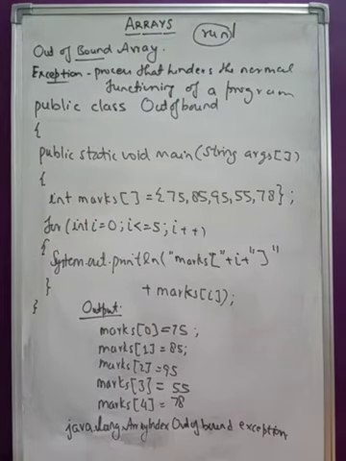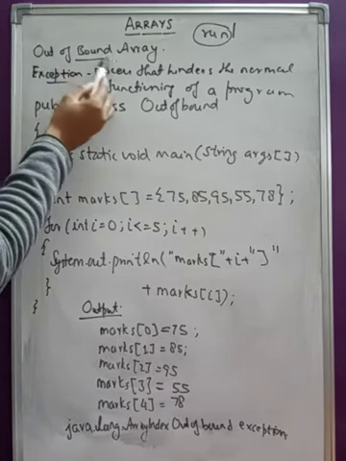Suppose I have an array, and in that array I have defined the size as 5. Okay, and I would like to access the sixth element. In the array only 5 elements are there, the sixth element is not there. So this kind of exception is called an out of bound array exception.